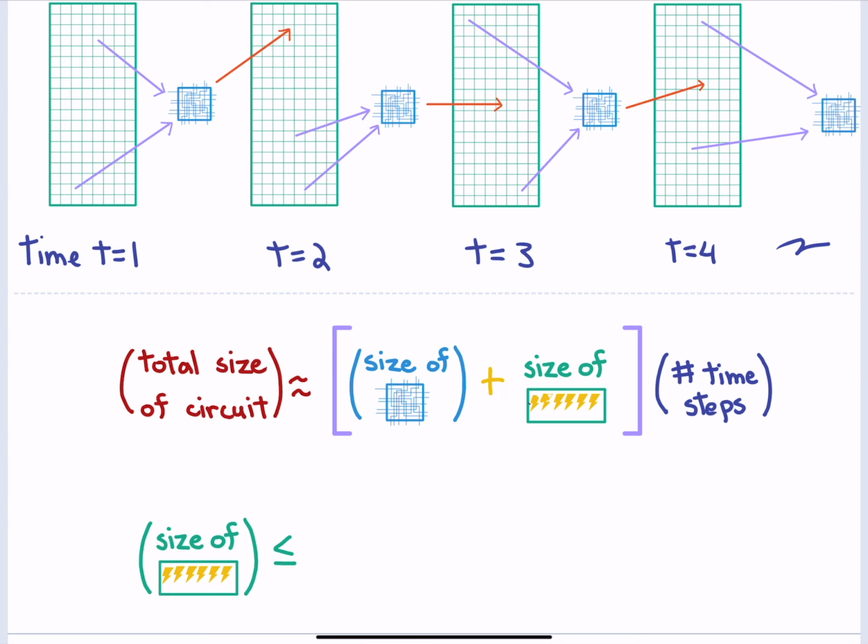Okay, so memory needs to be big enough for the input, and big enough for the output, that's fine. But there are also some intermediate calculations, right? How do I upper bound the size of the space used for that?